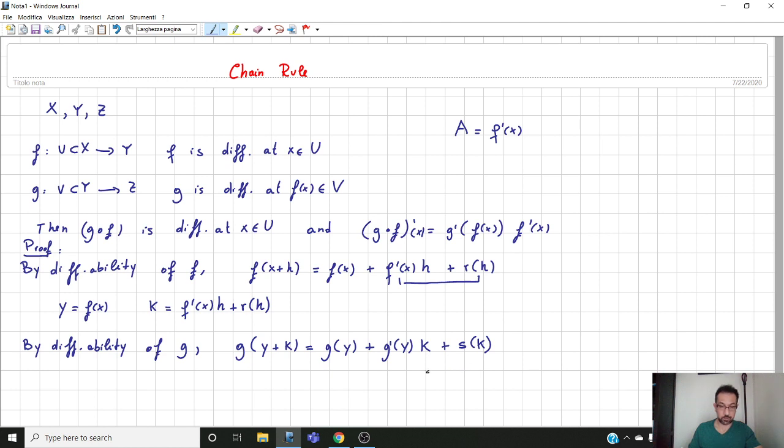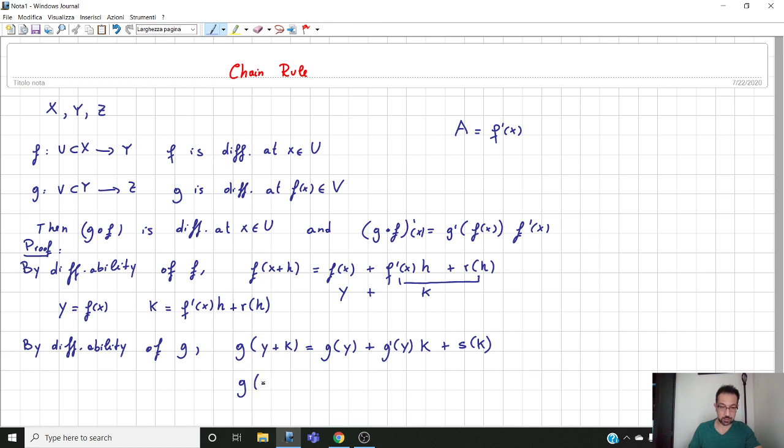Alright, so at this point, we can rewrite g of y plus k as what? Remember that y is f of x, and this term was k. So y plus k is the same as f of x plus h.